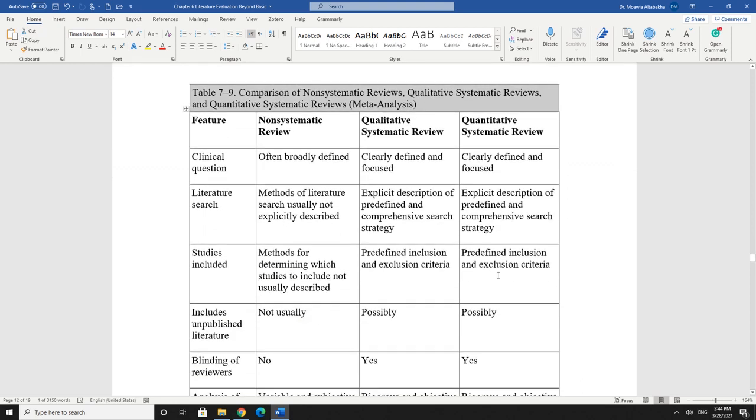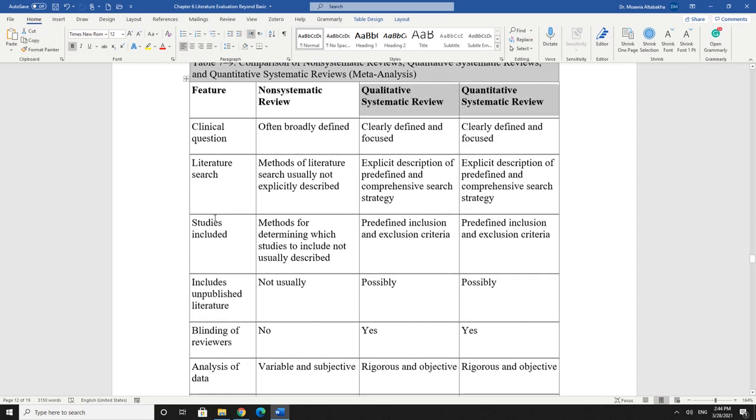In this table, you will see the difference between non-systematic and systematic reviews, whether qualitative or quantitative. See, the clinical question: what are you surveying, or what are you reviewing?